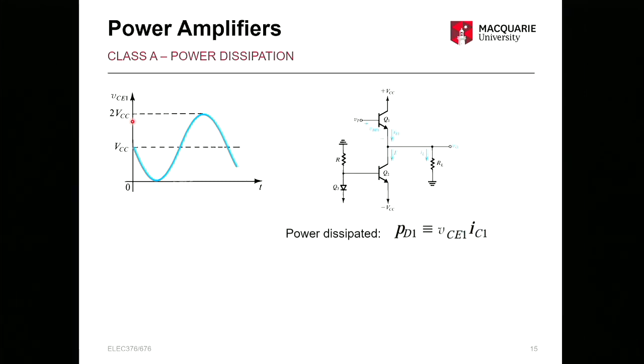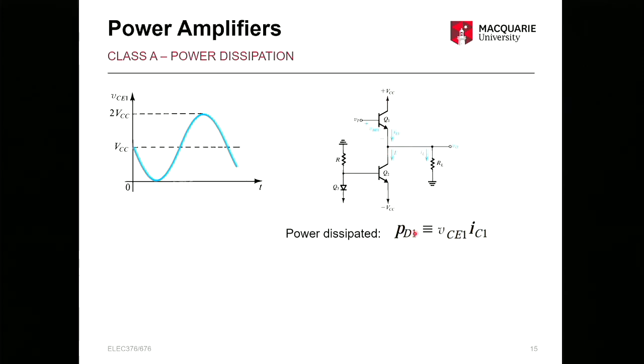To work out our dissipated power, a pretty key thing for power amplifiers, we know the power equation: power is just your voltage times your current. The voltage we're interested in for the power dissipated in Q1 is VCE1, times IC1. If we assume beta is high, then IE1 is almost the same current anyway, so that's essentially the current flowing through that transistor.